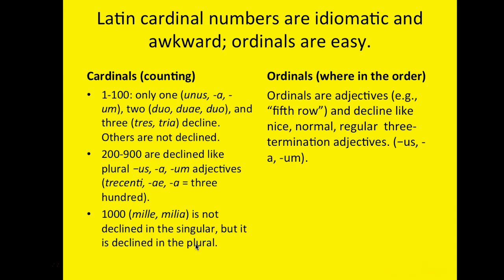So we have to go all the way to 1,000, or mille, in order to get to another number that declines. And in this case, it doesn't decline in the singular, like 1,000, mille. It's just mille, mille, mille, mille. But it does decline in the plural, milia, or thousands. Isn't that bizarre?